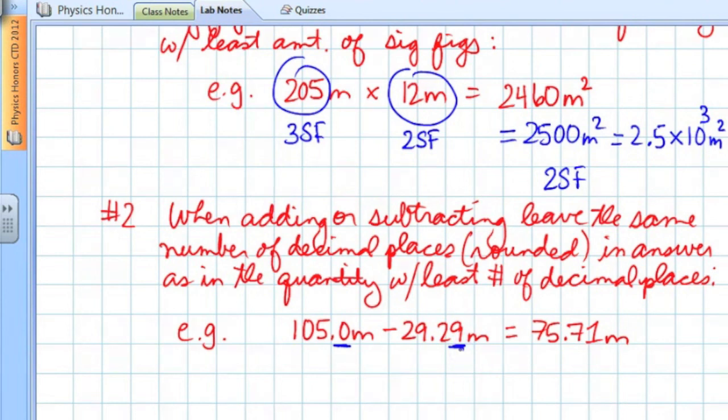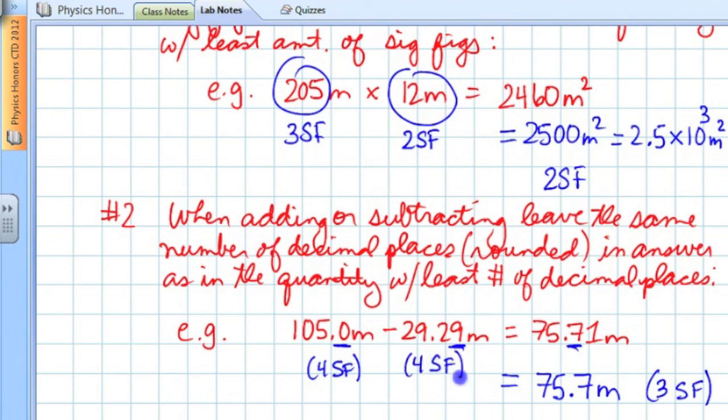Okay? So this means that I need to round my answer to the tenths place. So this turns into 75.7 meters. Now the strange thing about this is that we end up with something that has 3 sig figs, whereas both of our starting quantities had 4 sig figs. So this is a very strange rule, but this is the way that it works. Okay, so that's our quick introduction to sig figs.